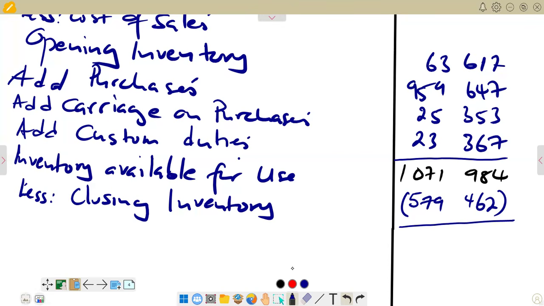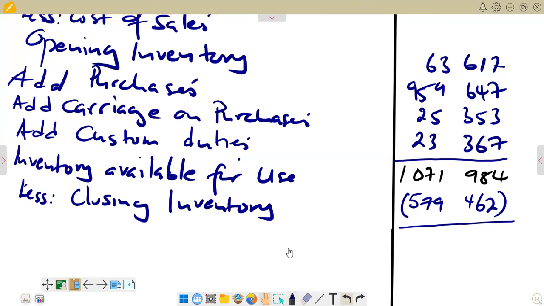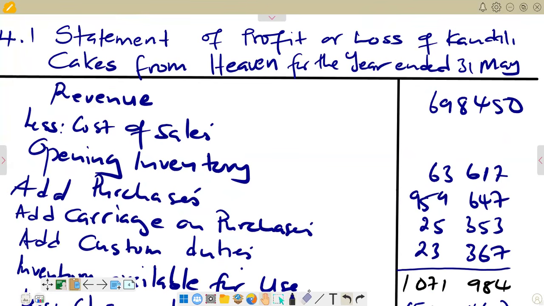And then you are now getting your cost of sales. Here we also close on top. The figure that you get is 492,522. And then you can close your brackets.